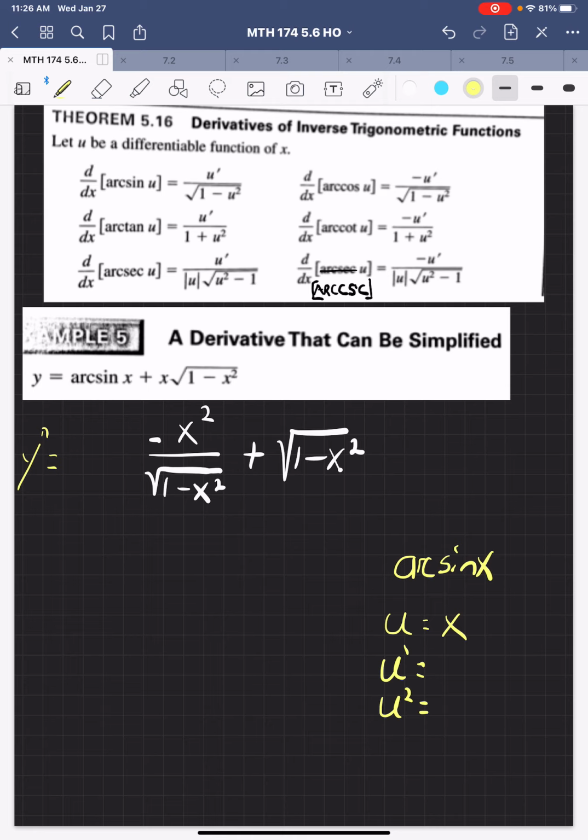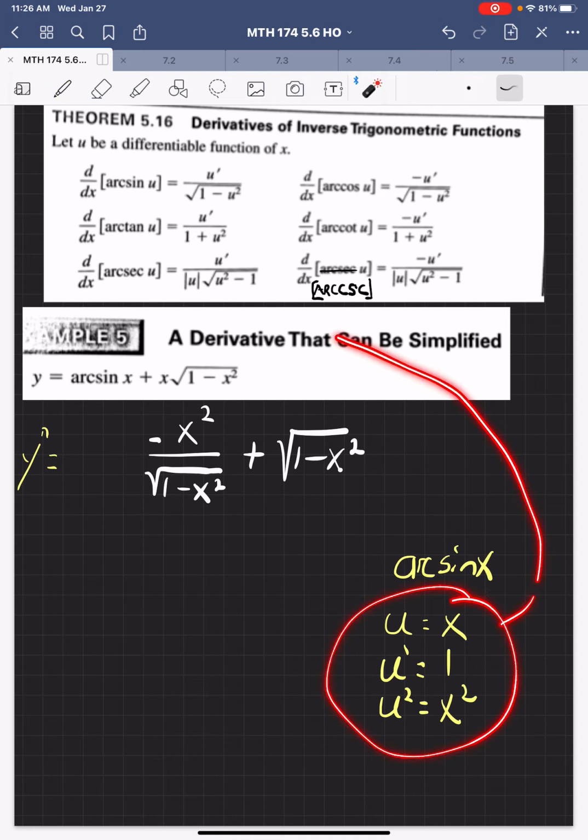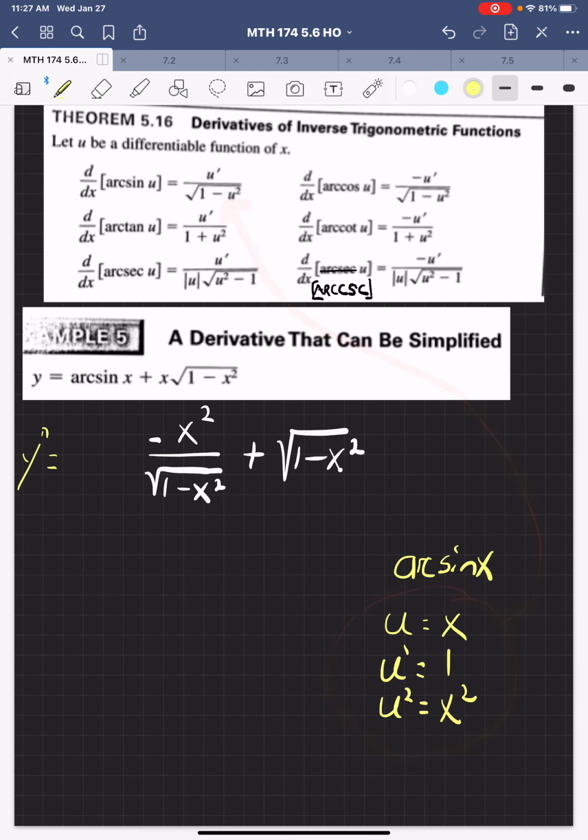In this case, u prime would just be 1, and u squared would be x squared. So all I'm doing at this point is taking this information and plugging it back up here into our formula. What does that look like? That's going to be 1, u prime, over the square root of 1 minus u squared. Right, so that's the formula.